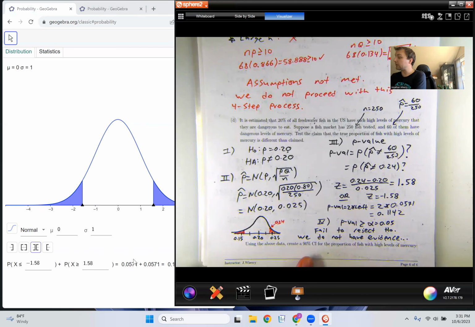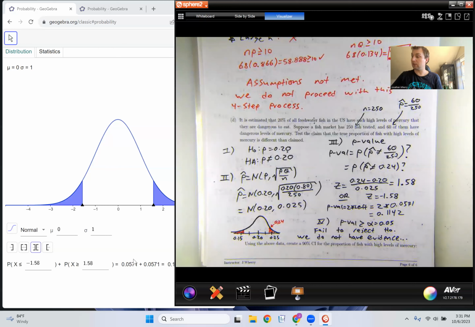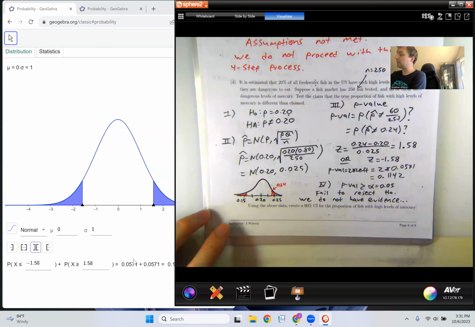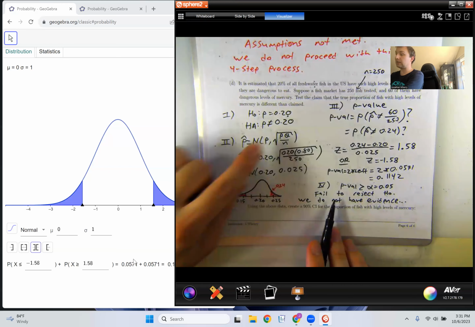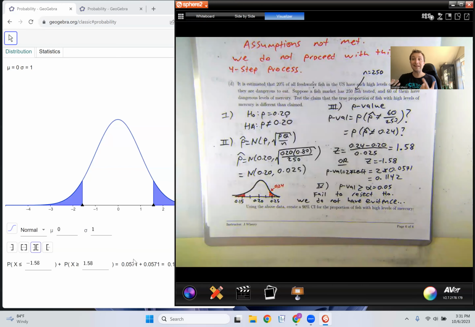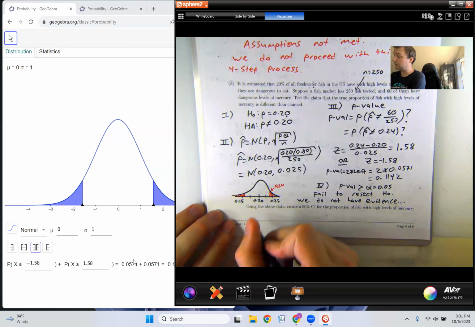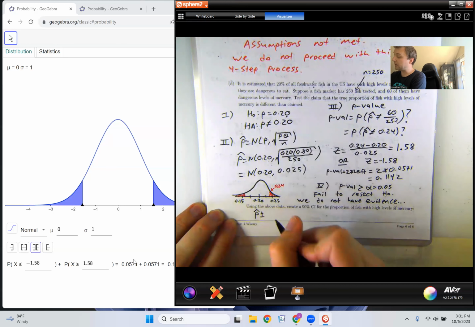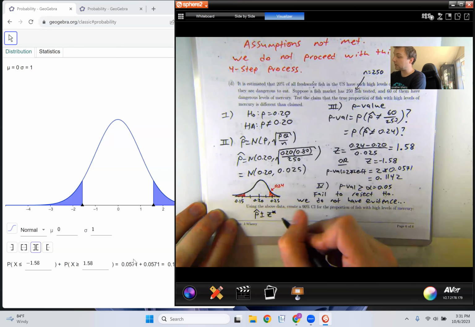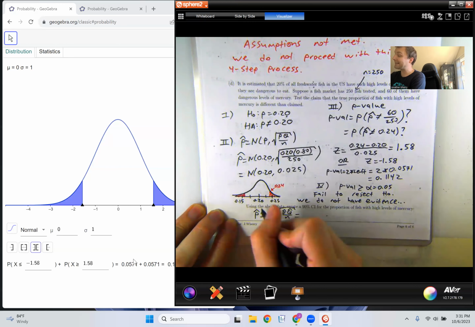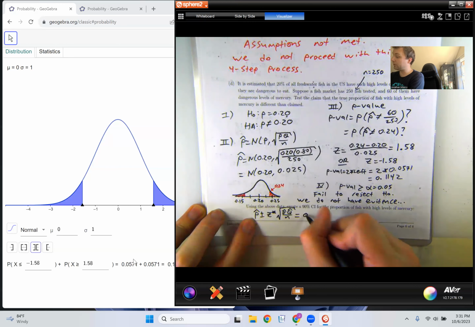Finally, this last question asks you to create a 90% confidence interval. If you use the confidence interval formula, since we failed to reject the null hypothesis, you're probably going to see that null hypothesis of 20% show up in your interval. My formula is p hat plus or minus z star square root p hat q hat over n. My sample success rate is 24%.